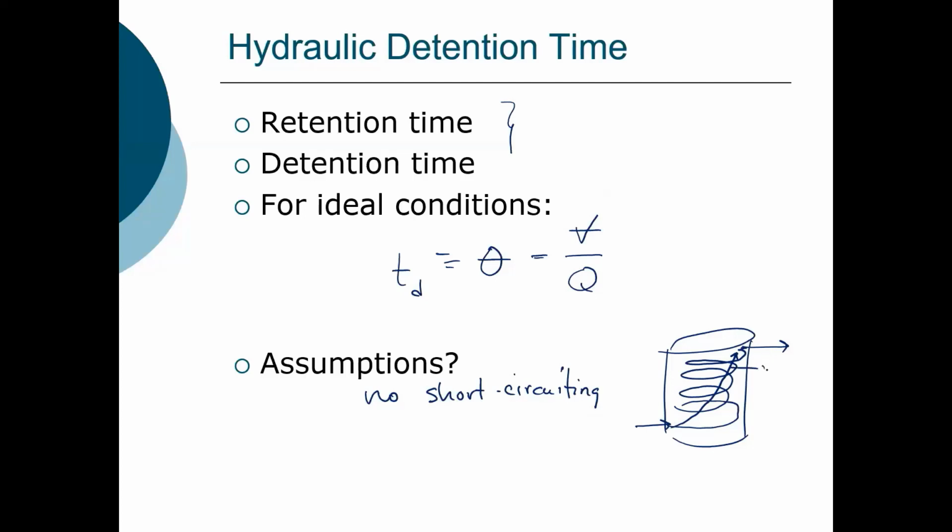So this would be short-circuited. We'll assume that we have no frictional losses, so we don't have rough surfaces that are changing the flow behavior. And we have no dead zones, so we don't have flow kind of sitting in one spot. Okay, so it's just detention time. You see the term omega used, and this is volume over the flow rate.